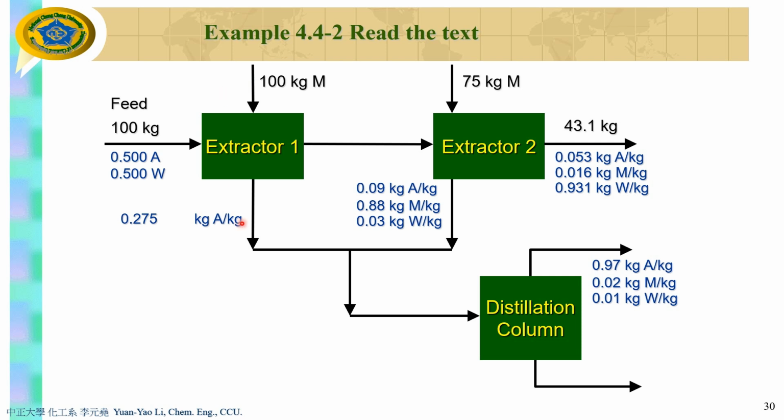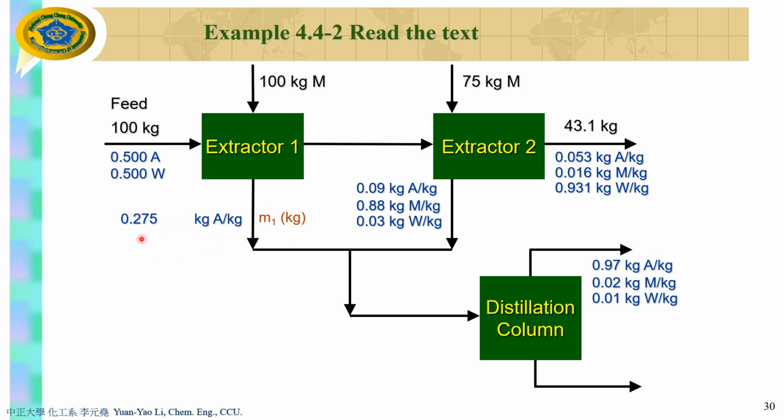Okay, how about this one? Extractor number 1, you have raffinate, you have extract number 1, right? So this is the only one you got. What you need to put is what? You don't know the amount of the mixture coming out from extractor 1. So you write down M1, M sub 1, in kilograms. This is the total amount of extract number 1.